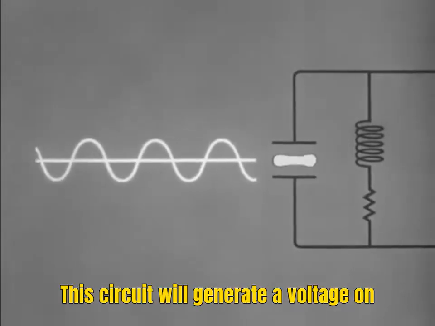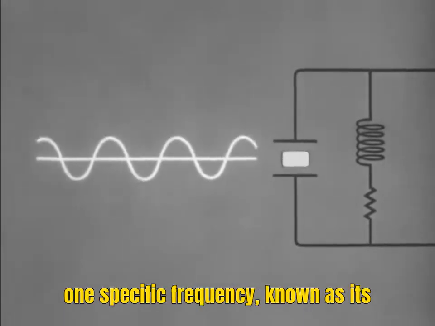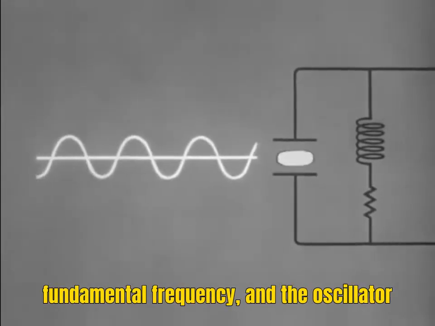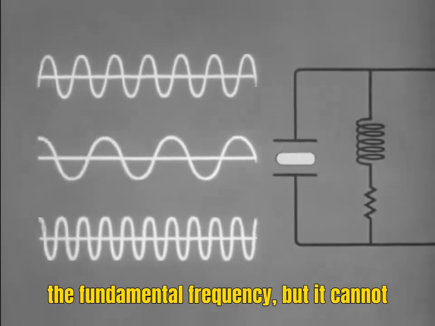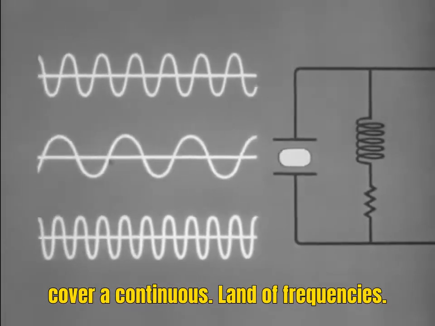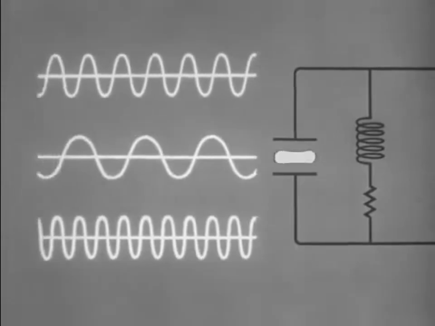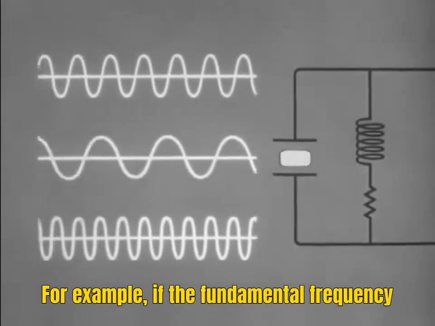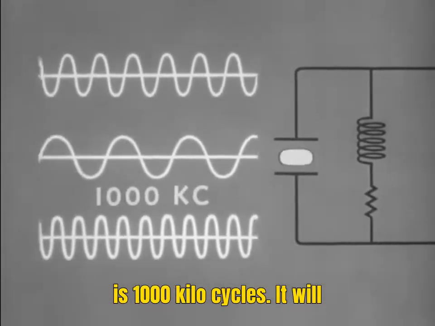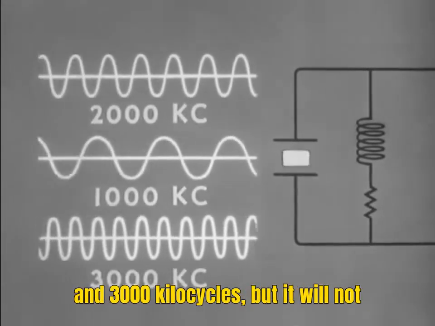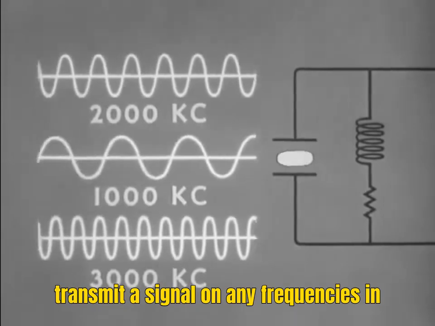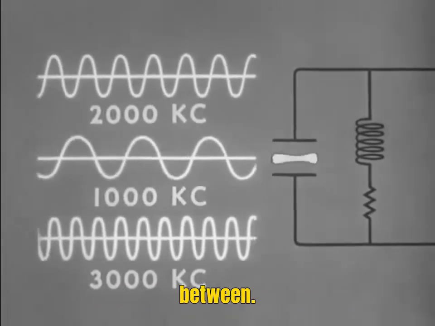This circuit will generate a voltage on one specific frequency, known as its fundamental frequency, and the oscillator will produce harmonics, or multiples of the fundamental frequency, but it cannot cover a continuous band of frequencies. For example, if the fundamental frequency is 1,000 kilocycles, it will emit weaker signals on 2,000 kilocycles and 3,000 kilocycles, but it will not transmit a signal on any frequencies in between.